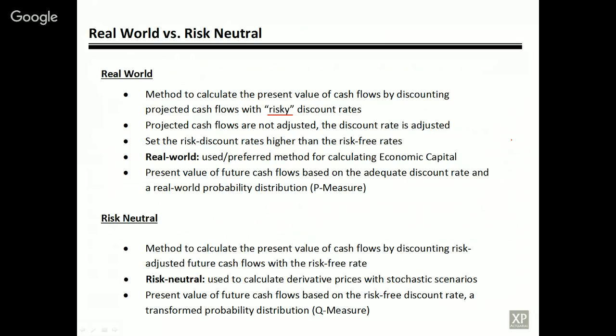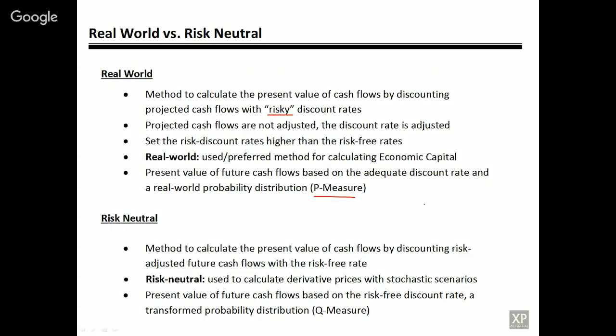The discount rate is actually adjusted. So we set the discount rates higher than the risk-free rates to account for the risk. We use real world for calculating economic capital usually. Now, the real world is associated with the P measure.